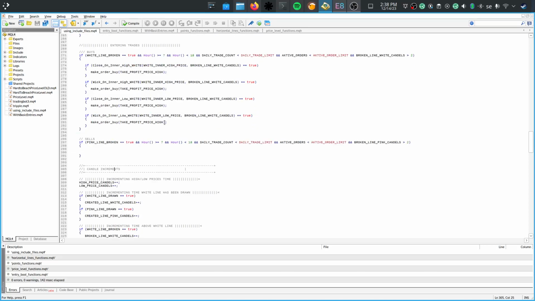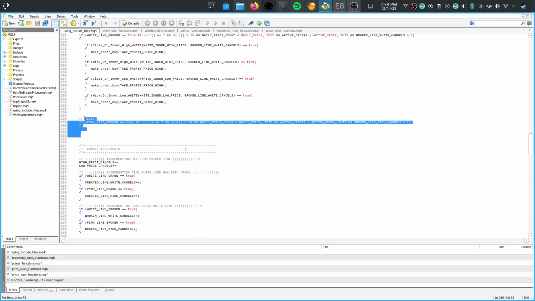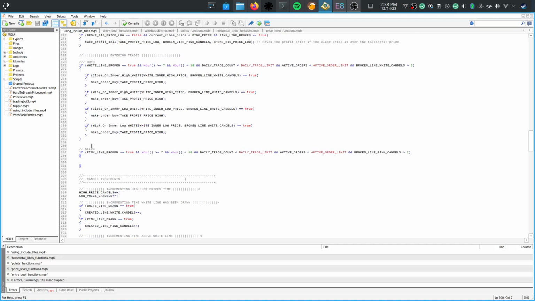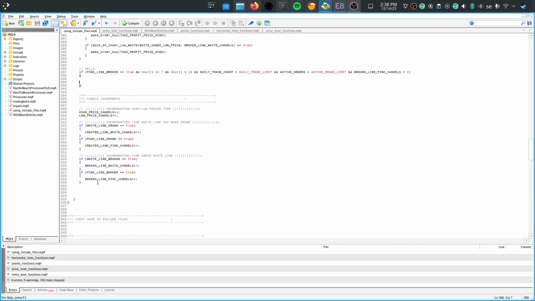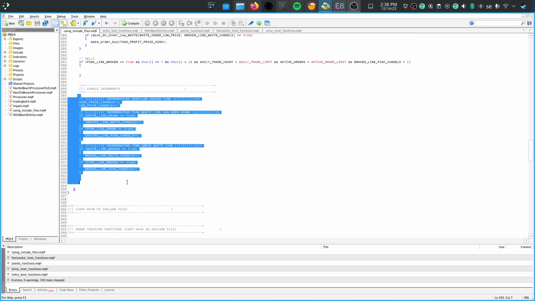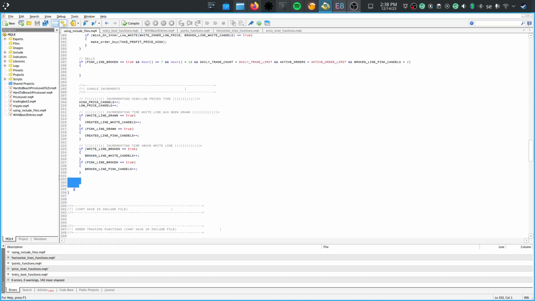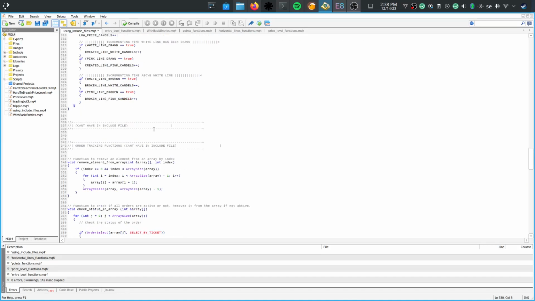So I have my orders, I have patterns for every type, like I have in my real strategy. I have the same here for buys and for sells, and then I have my candle trackers. I know how much time has passed since specific events have happened.